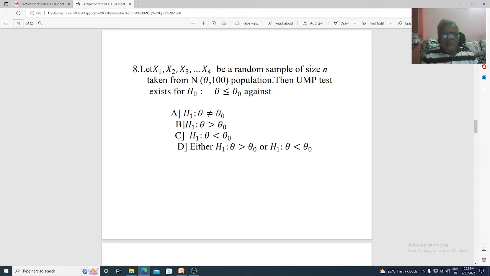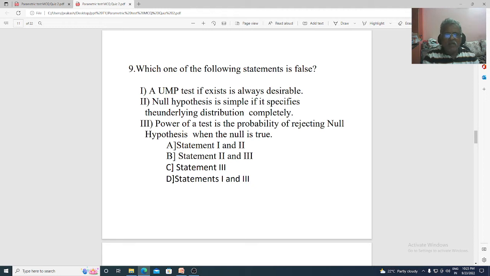The UMP test exists for H naught theta less than or equal to theta naught against option A, theta is not equal to theta naught, option B, theta is greater than theta naught, option C, H1 theta less than theta naught, D, either H1 theta is greater than theta naught or H1 theta less than theta naught. The correct option is option B, theta greater than theta naught.